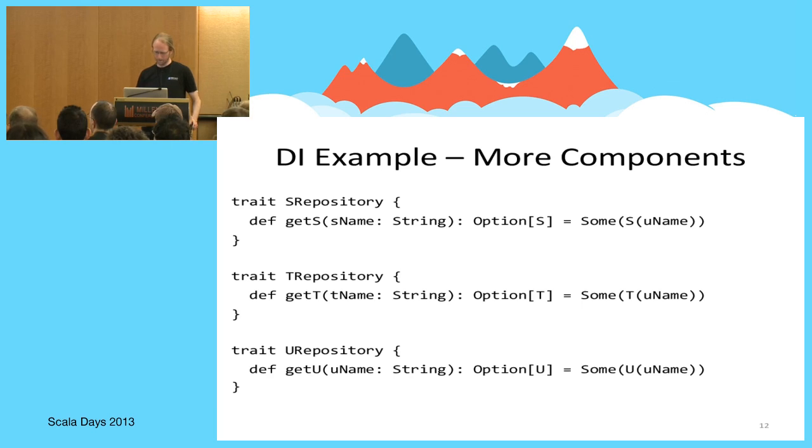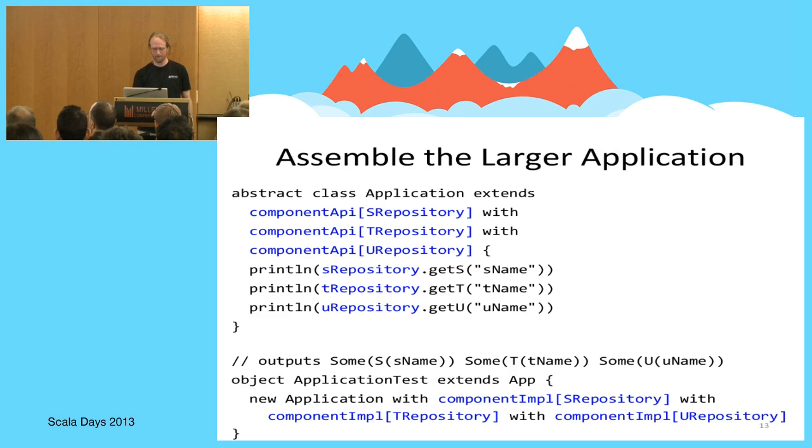So let's expand this example a bit, make it a little more realistic. I have an S repository and a T repository, which are suspiciously similar to the U repository, but let's see. Now when we assemble our application, we're going to stick in a few different repositories. This is basically the same example.